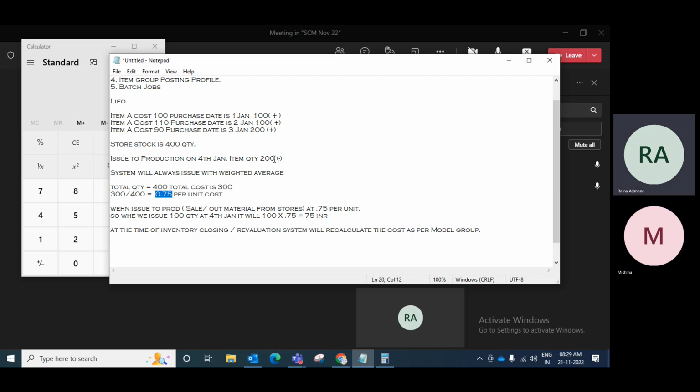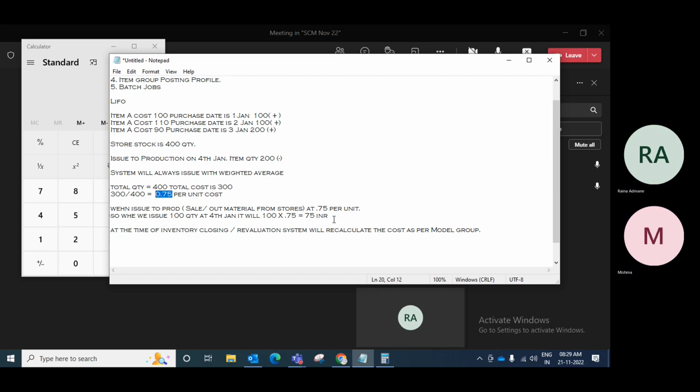So you issue 200 or you issue 300, whatever. Till 400, the rate will be 0.75 only. Even though you issue 200, the system will take 200 into 0.75, so 150 INR.